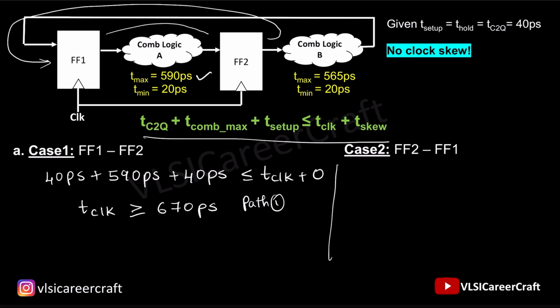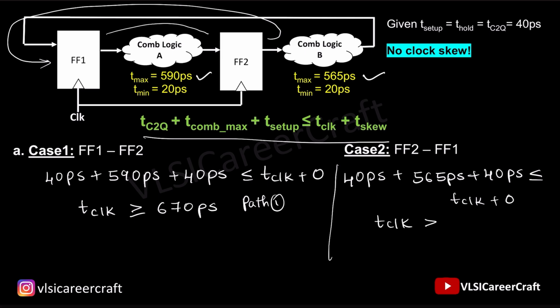So let's calculate for path 2. 40 picosecond plus the combinational delay max is given as 565 picosecond plus the setup is again 40 picosecond, which is less than or equal to T clock plus there is no clock skew.